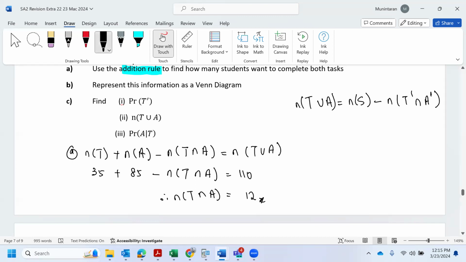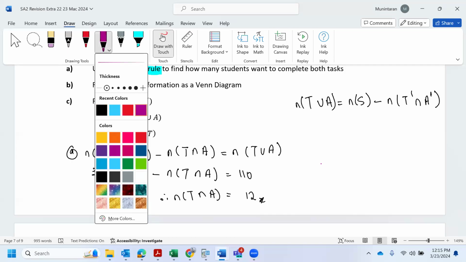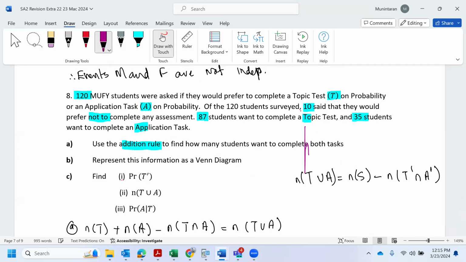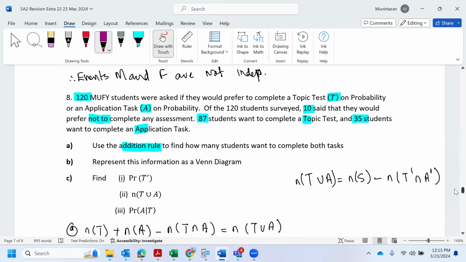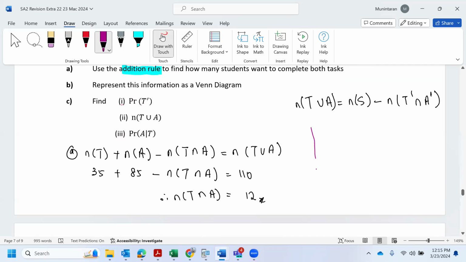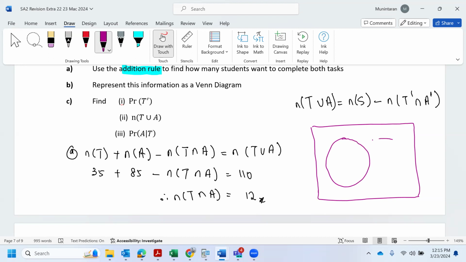You are required to represent this in a Venn diagram. So first circle is T, second circle is A. Wanting to do both is 12.